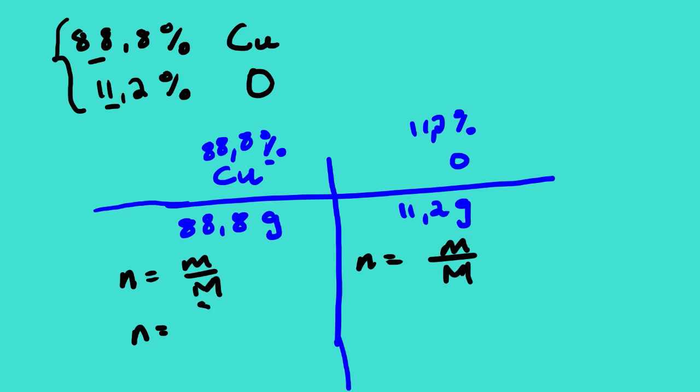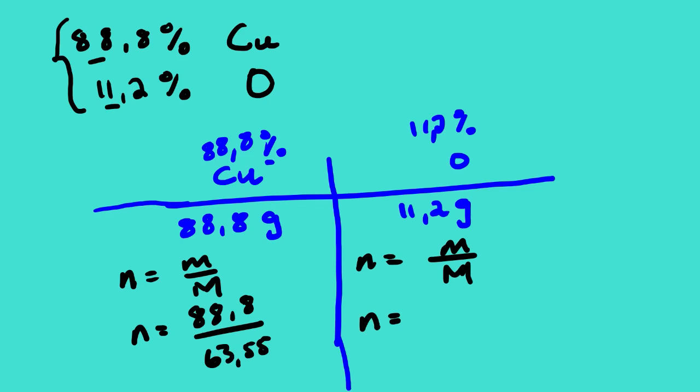So the mass of copper is 88.8 grams divided by the molar mass of copper is 65. Oh no, it's not 65, it's 63. Let me erase this. 63.55.